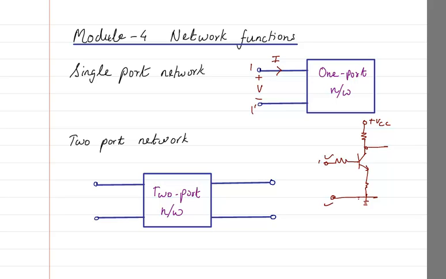So this you can consider as the input port of the circuit. Similarly, in a two-port network, you may have an input as well as an output. For example, here itself you can have an output like this, 2 dash, the second port, and here you take the output and here you take the input.